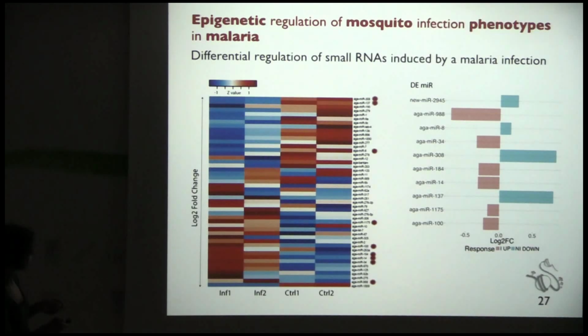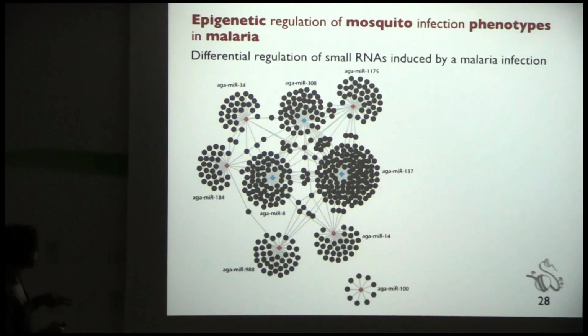What we also see is that all these microRNAs that are differentially expressed, based on computational analysis, bind to all these target genes. Each dot is a target gene, and this is a microRNA. So these microRNAs have binding sites in all these target genes.